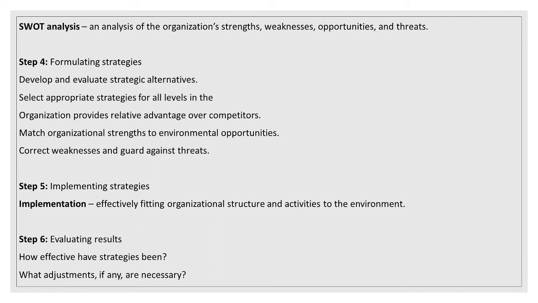Correct weaknesses and guard against threats. So this is now where the Jeanette would get all their information from the SWOT analysis and put it together, and based on that SWOT analysis, they will get their strengths and how they can go about their plan in providing internet to as many villages as they could, or many rural areas.